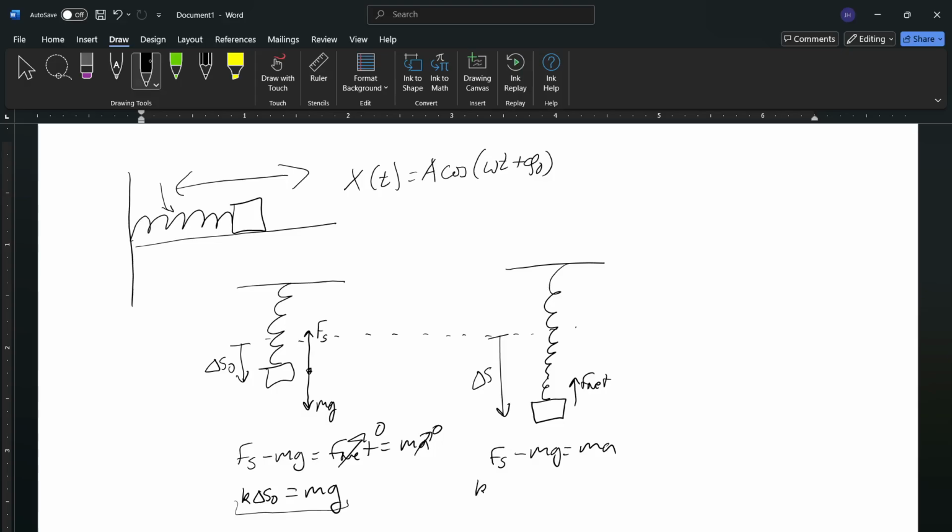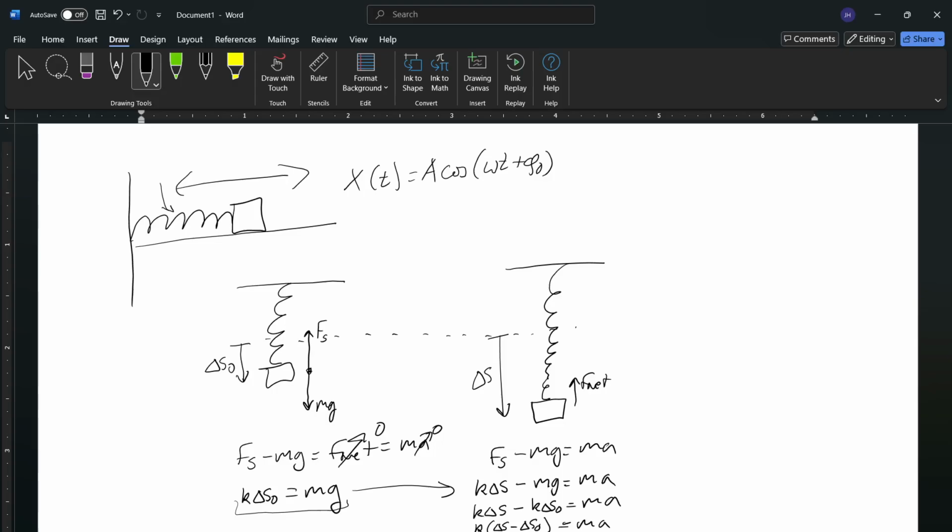So we have k delta S minus mg equals ma. But if we use this result in here, we can say k delta S minus k delta S 0 equals ma, and factoring out the k, we have k times delta S minus delta S 0 equals ma.